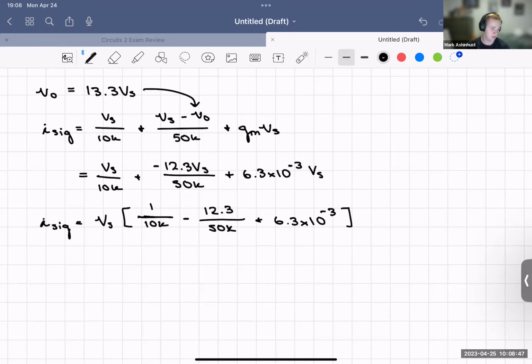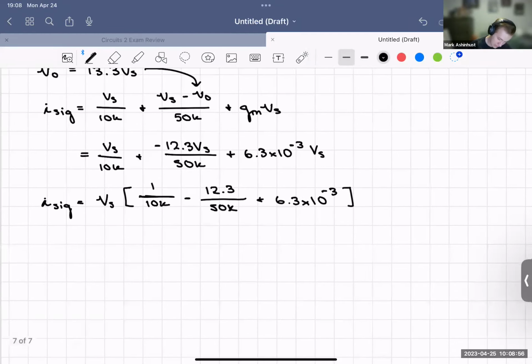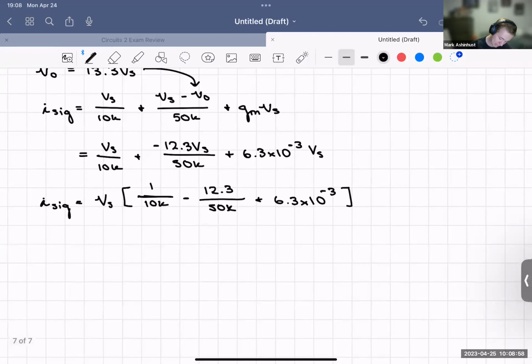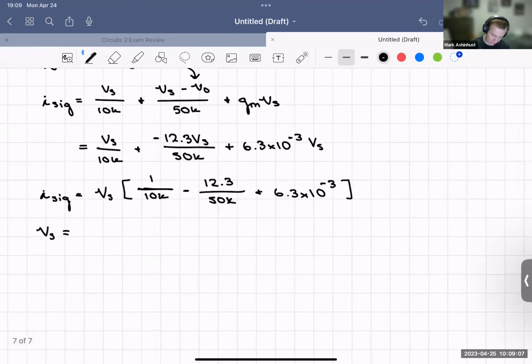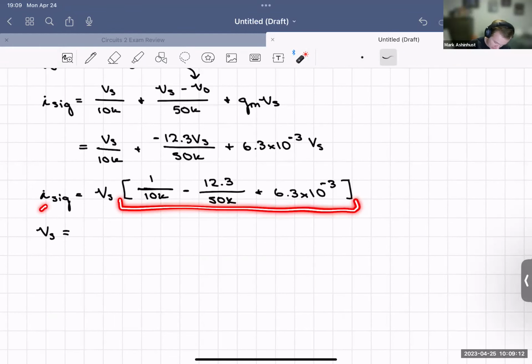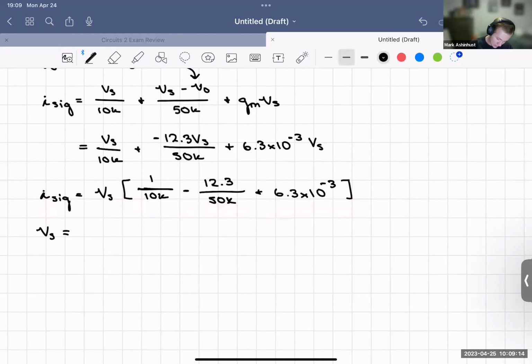We have VS times a constant. So that ends up being 162. We want to solve for VS, so VS equals 1 over this value times I sig, which is 162 I sig. And 162 is ohms.